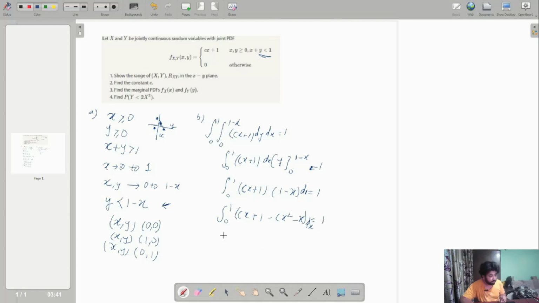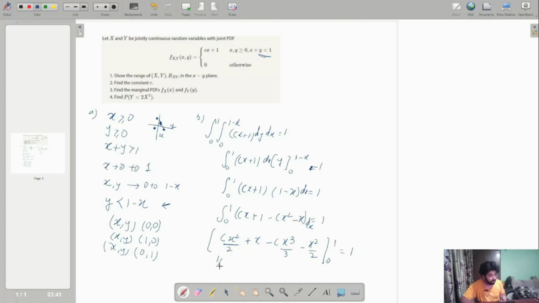Now I'll integrate this, so I'll have cx square by 2 plus x minus cx cubed by 3 minus x square by 2, over the range 0 to 1, which equals 1.